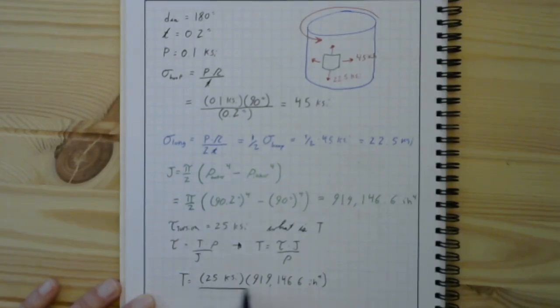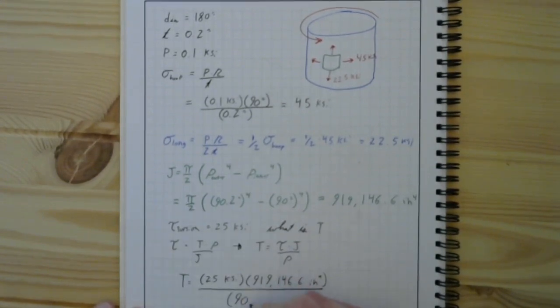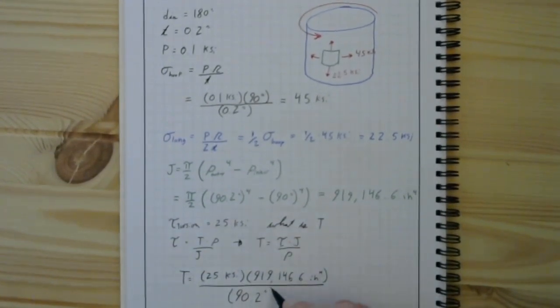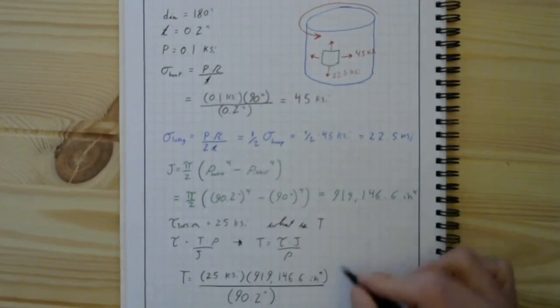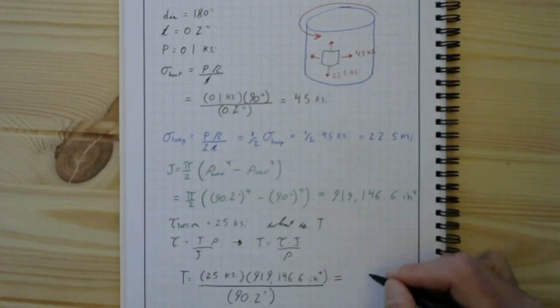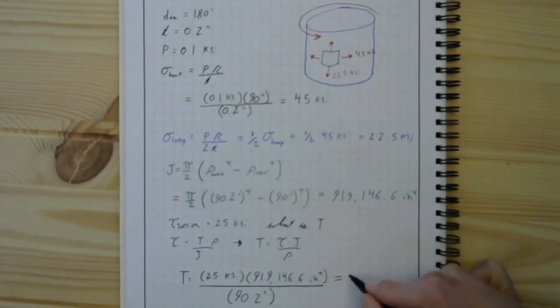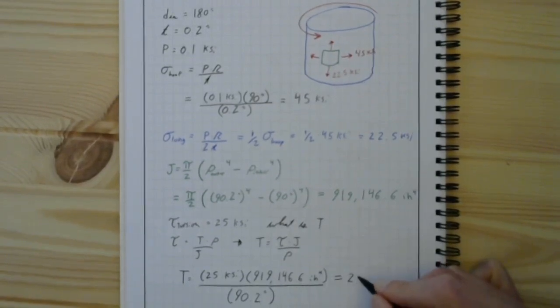divided by our radius, and our radius in this case is going to be 90 inches, 0.2, right, plus the thickness of the plate, or the pressure vessel, I should say, and that's going to end up equaling quite a number.